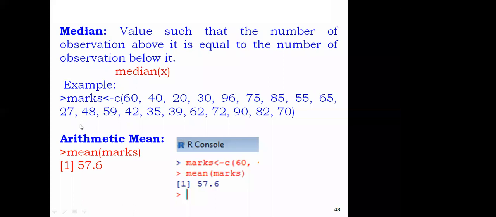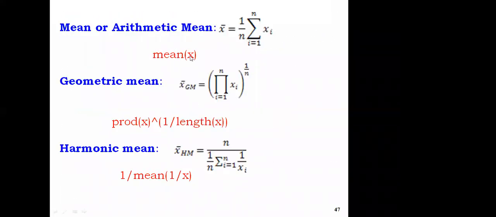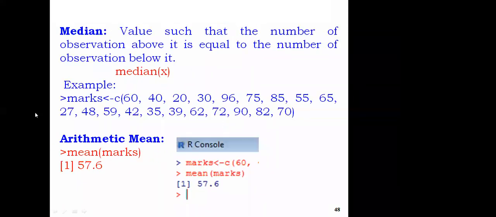Then you write mean within the bracket marks. Here x is our marks, so that's why we write mean within the bracket marks. The mean of this example is 57.6.